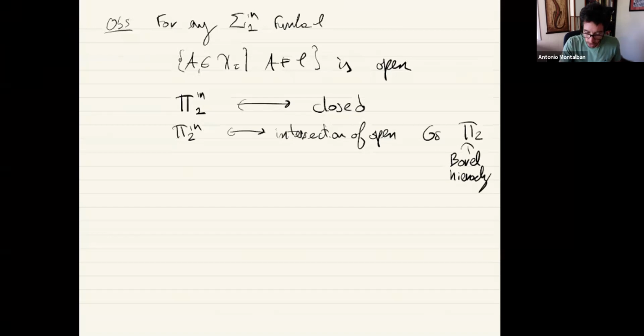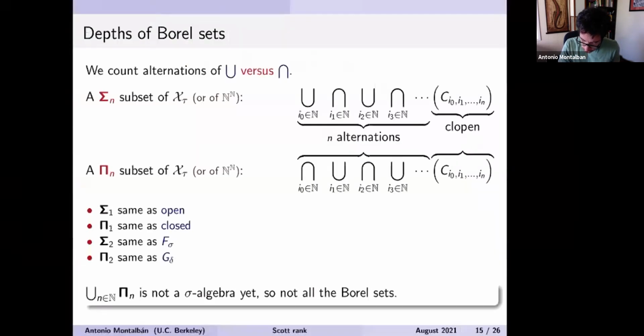So let me just go back to one of the slides where I define these things. If you guys remember, the Borel sets are defined by taking countable unions and countable intersections of open sets. And actually, you can go through the transfinite taking these countable intersections.